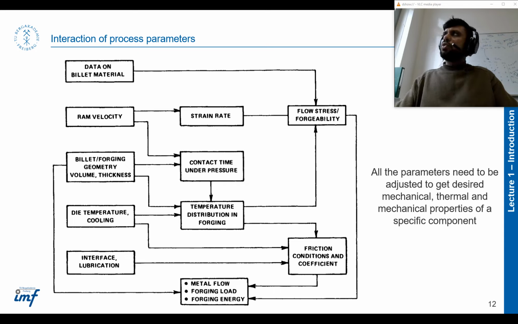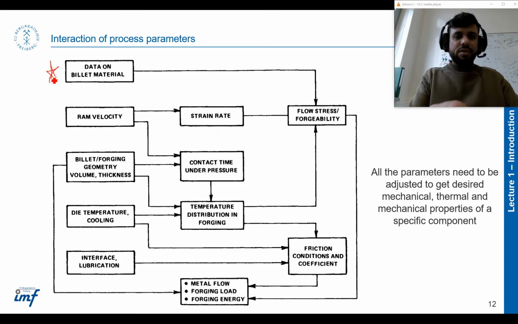Now, when we talk about metal forming and generally about all the steps in whatever way we want to form a material, it generally follows a certain path. So the path follows in a way that we have data about a billet material, and that tells us about the flow stress and forgeability of the material.